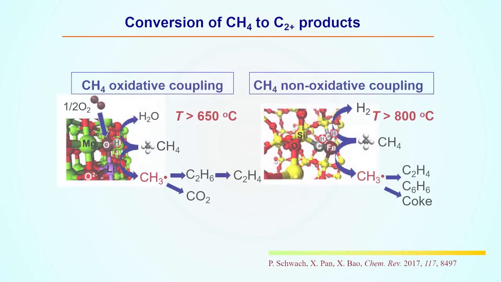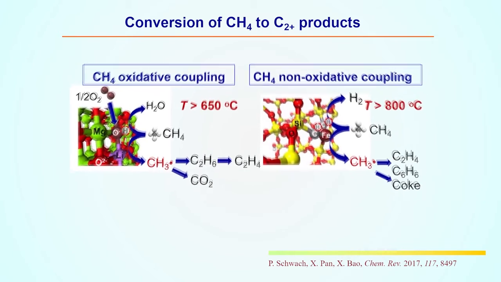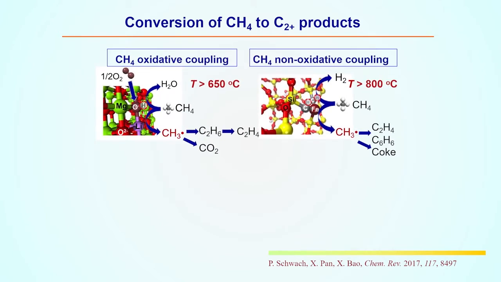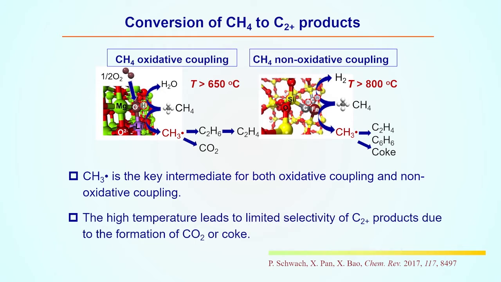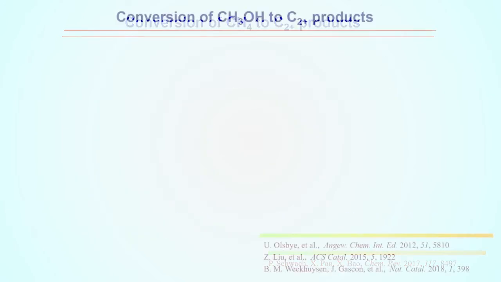For the conversion of methane, another important C1 molecule, methane can undergo oxidative coupling or non-oxidative coupling, both at high temperatures. Methyl radical is the key intermediate for both oxidative coupling and non-oxidative coupling. But the high temperature leads to limited selectivity of C2 products due to the formation of CO2 or coke.